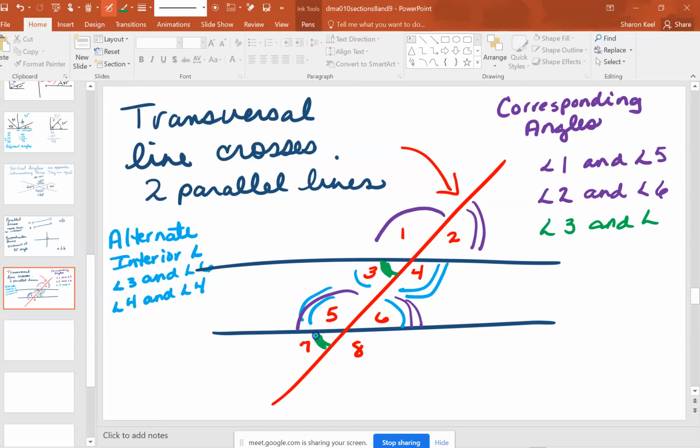So 7 would also be the one in the same corresponding location. If I looked at angle 4, it is in the same corresponding location as angle 8. They're both below the parallel line and to the right of the transversal.